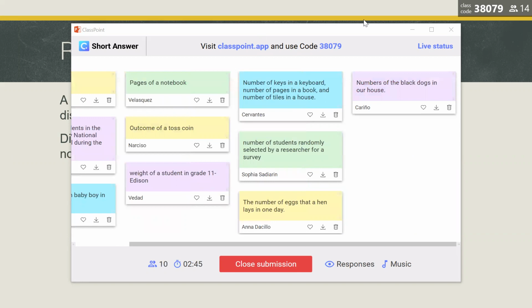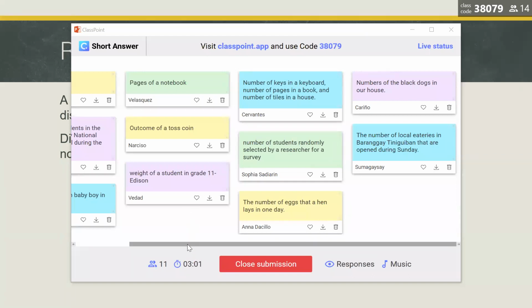Ayan. So, meron ditong 10 na nag-submit out of 14 na present. Actually, ilan na to? 11.